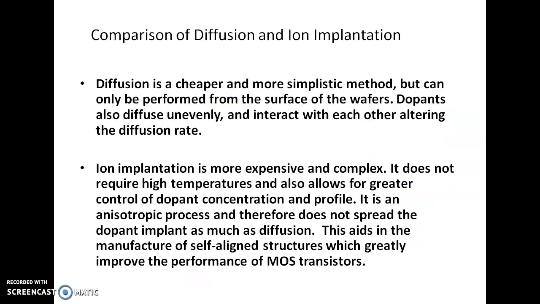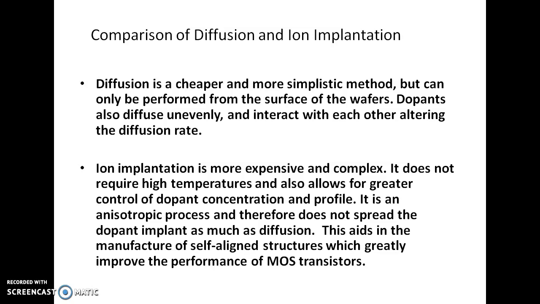Coming to the comparison of diffusion and ion implantation, diffusion is a cheaper and simpler method but can only be performed from the surface of the wafers. Dopants also diffuse unevenly and interact with each other, altering the diffusion rate. The diffusion rate will not be uniform.